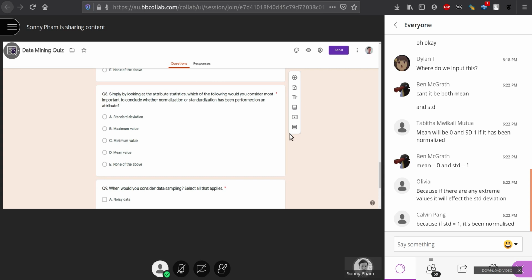I'm very surprised that none, or maybe very few people, chose the minimum value. I don't understand why, because remember with standardization, the minimum value will always give you a negative number. That's very different from normalization. So that's another important piece of information you can rely on.